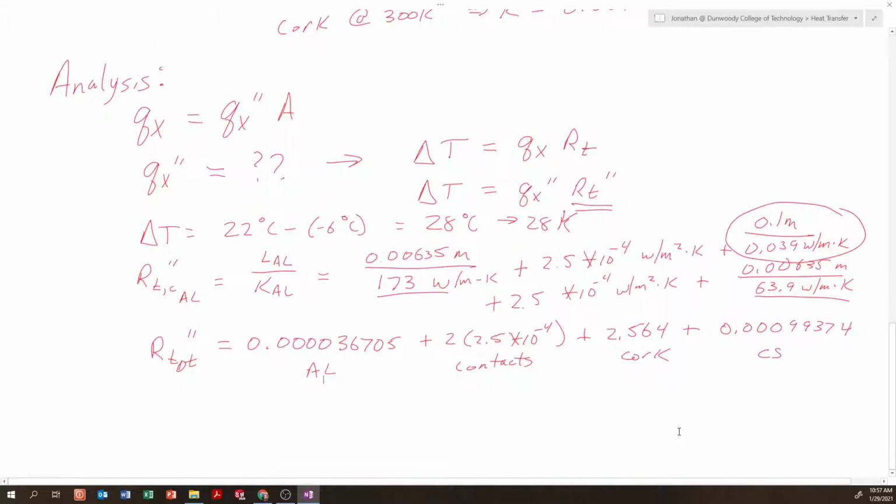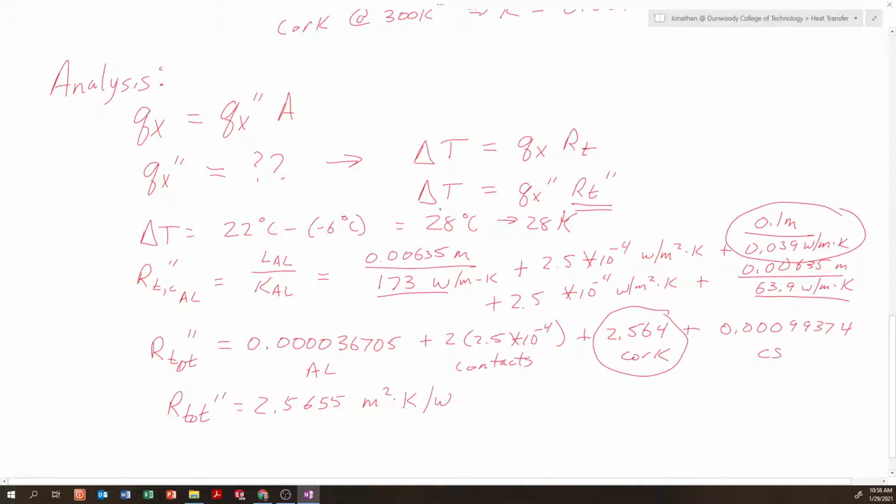Well, by far my cork is my biggest resistance. If I add those all together, I find that my total resistance is 2.5655 meters squared Kelvin per watt. And yep, so our meter squared Kelvin comes up to the top, my watt is left on the bottom.